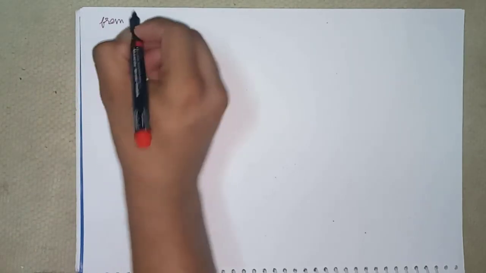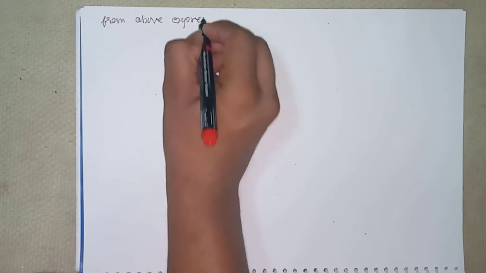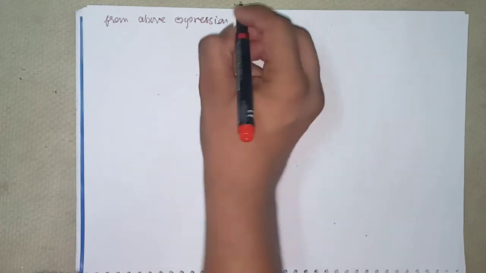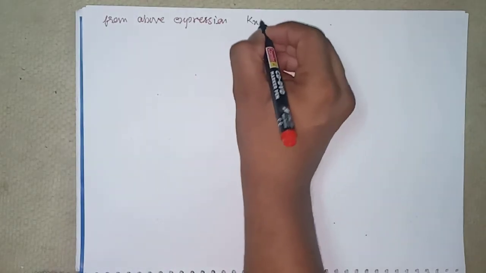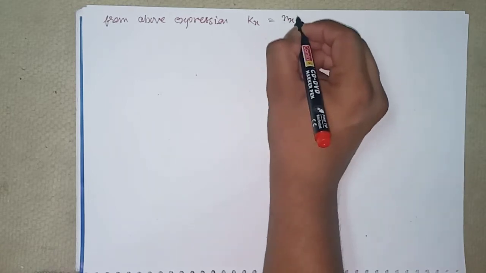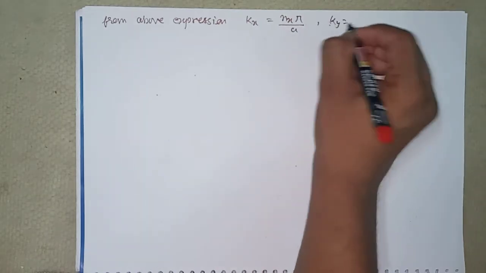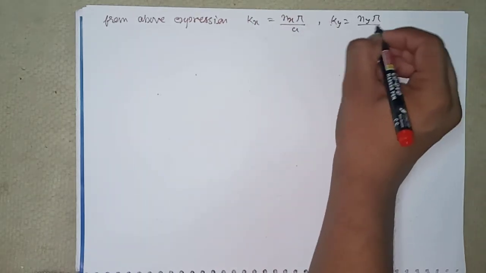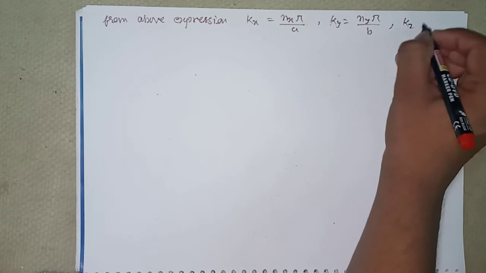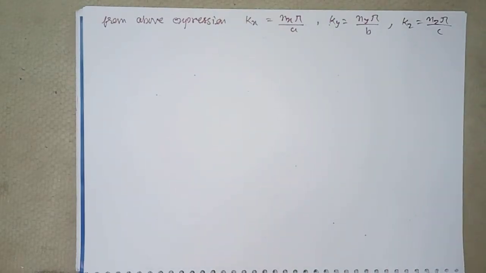From the above expression, kx is equal to nx pi by a, ky is equal to ny pi by b, kz is equal to nz pi by c.